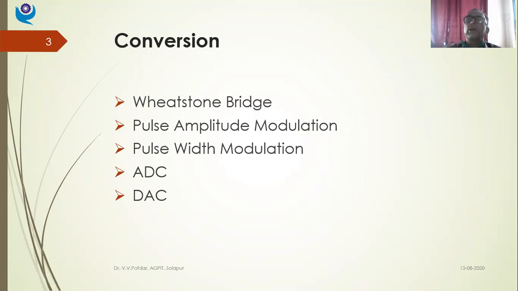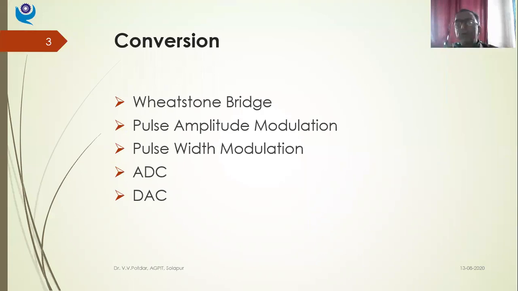That we will derive in the next slide. So initially the bridge is balanced. Once the strain gauge is subjected to strain, there is a resistance change. As the resistance changes, the bridge becomes unbalanced. As the bridge becomes unbalanced, I start getting the output voltage.